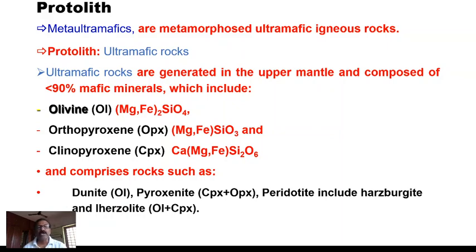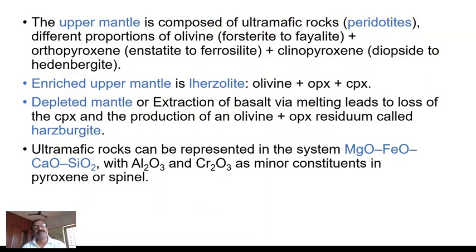The normal ultramafic rocks are dunite, pyroxenite, peridotite, which includes harzburgite and lherzolite. The upper mantle is normally represented by these ultramafic rocks or peridotites.